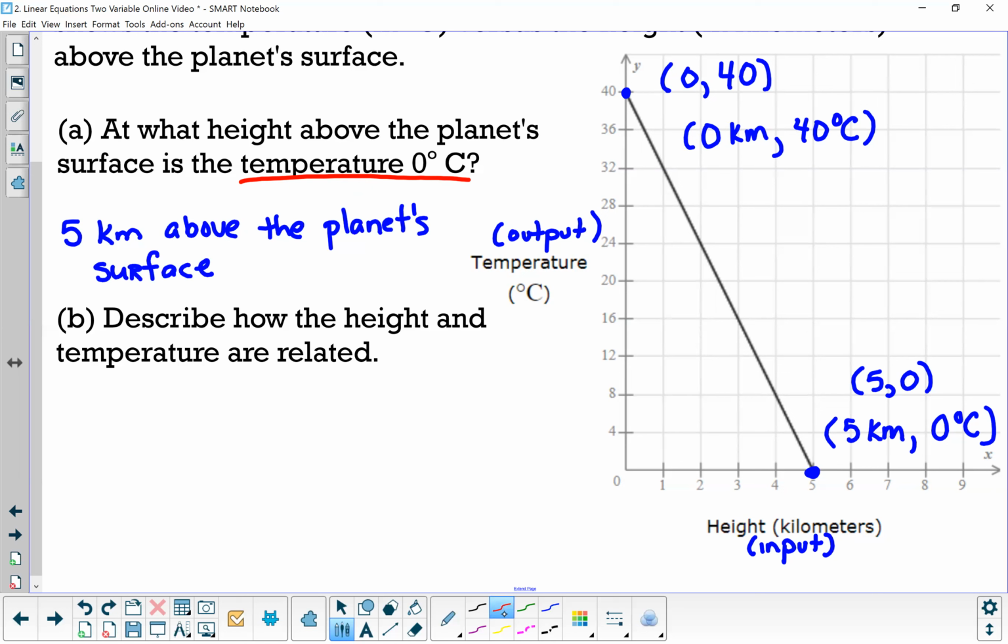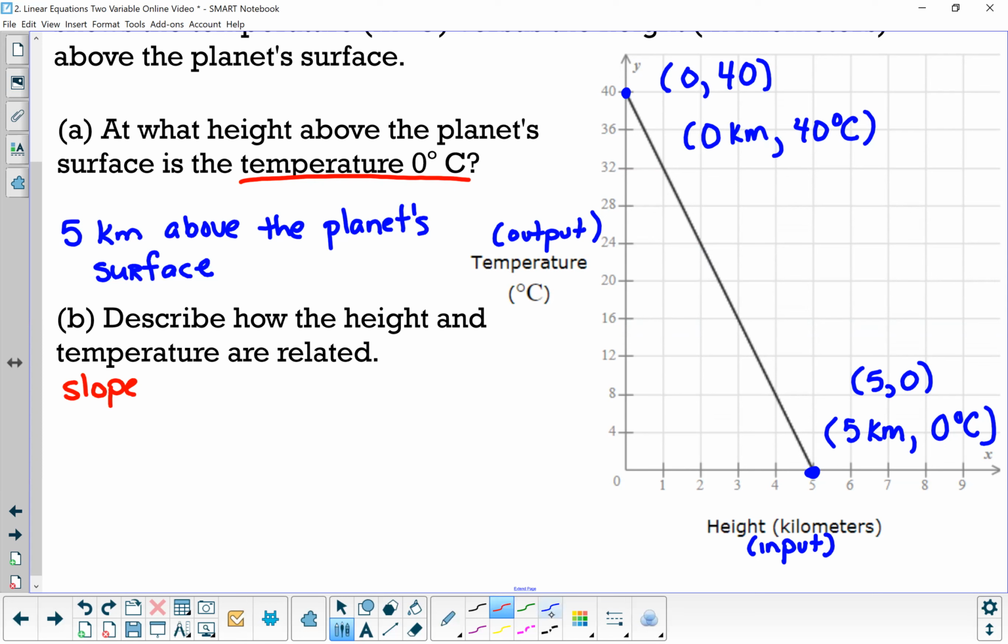All right. Now for part B, it says describe how the height and temperature are related. So this is a description based on how our slope is occurring. So think about the slope from left to right, it is going down.